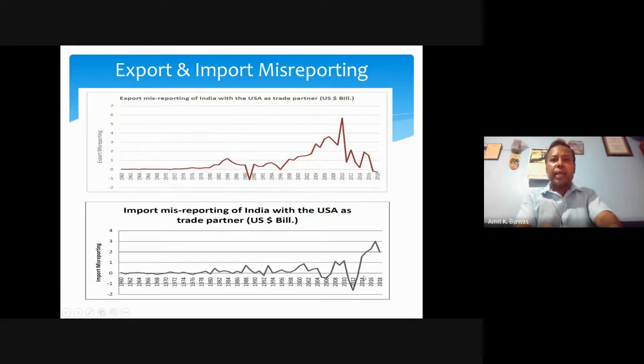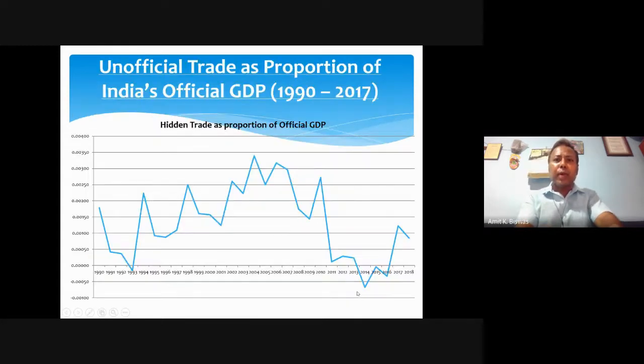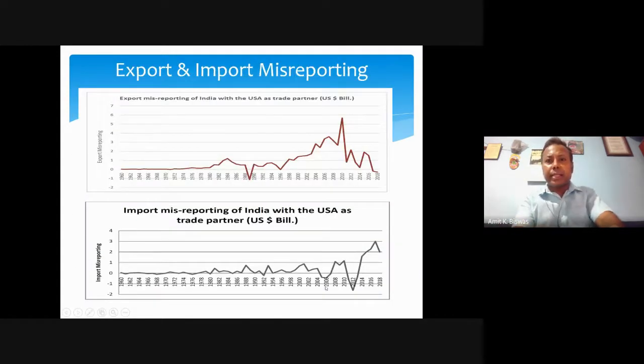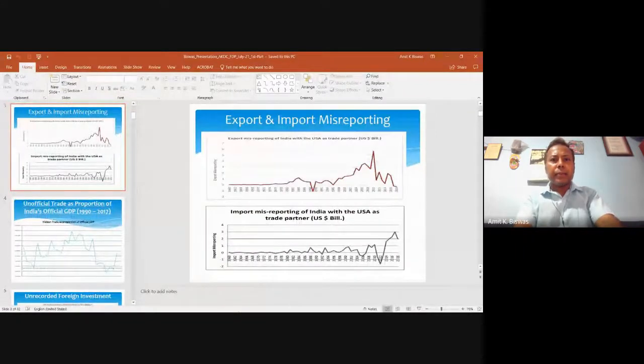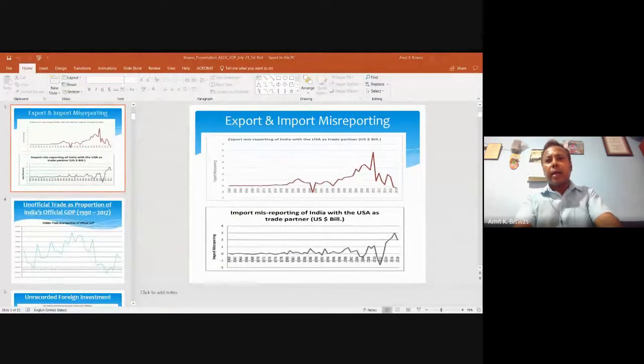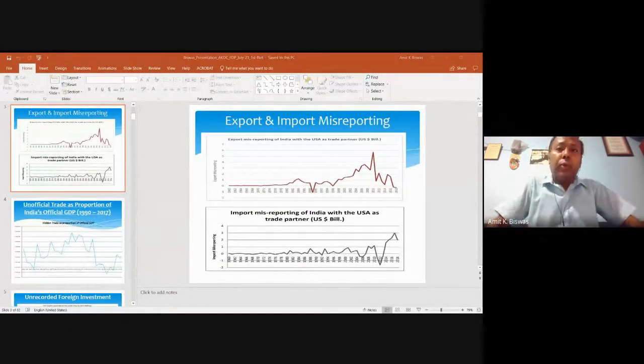If you for the time being ignore 2012 or 2006, our imports are underreported. So what Himadrija wants to do, and what Sujata has rightly said Himadrija must do, she is not doing, even if there is a black market premium to gain.